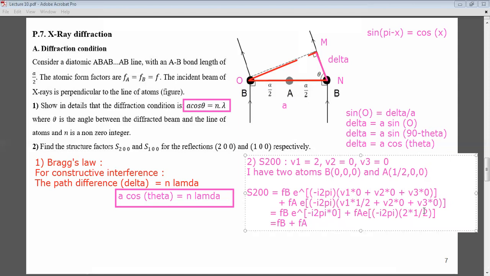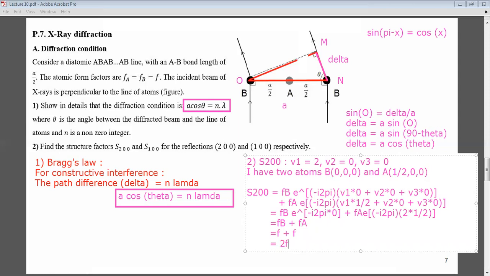Here 2 times half is 1, so e to the minus I 2 pi is also 1. So plus FA, but FB equals FA equals F. So this is F plus F, and S200 will give me 2F.